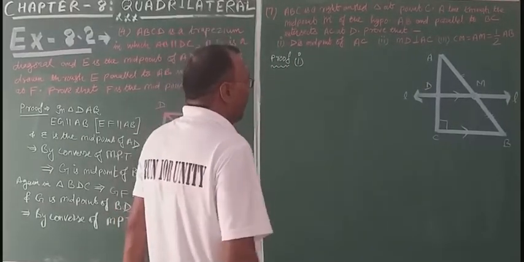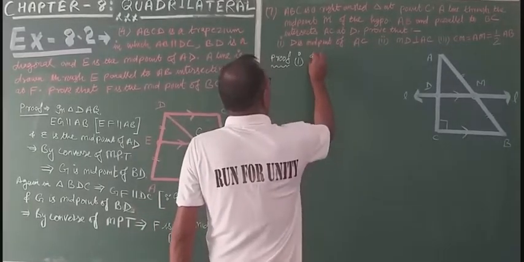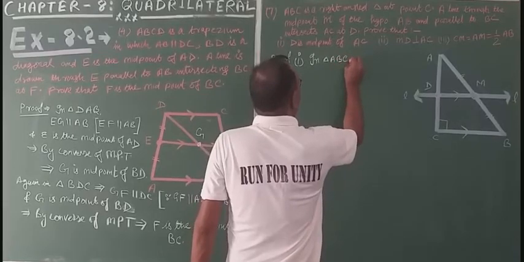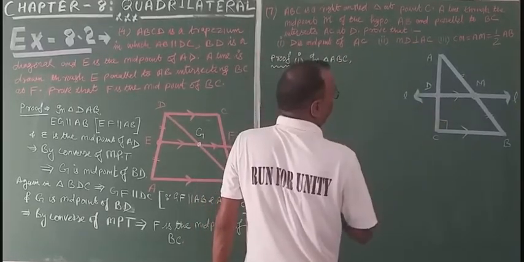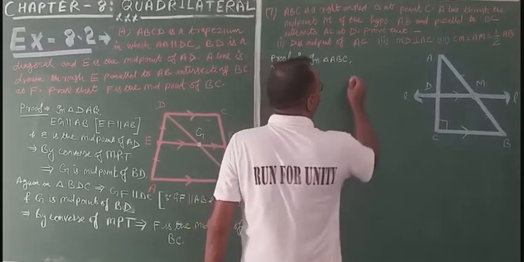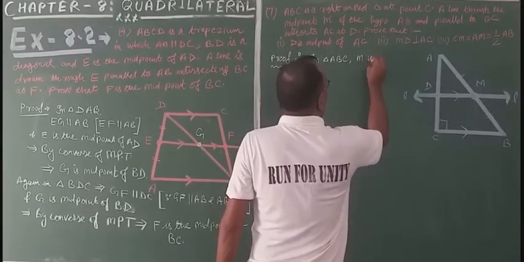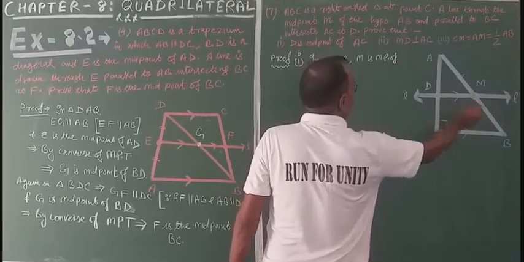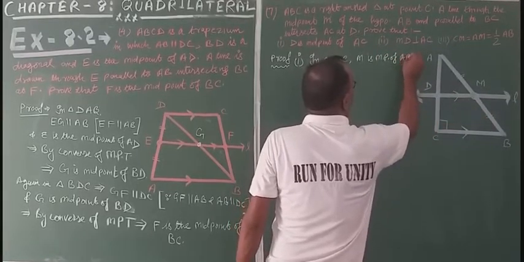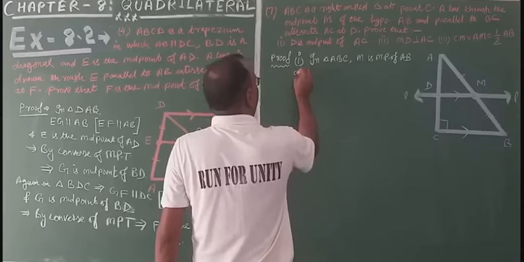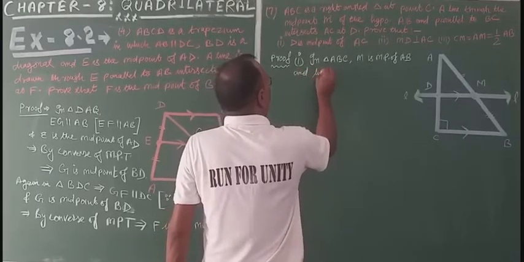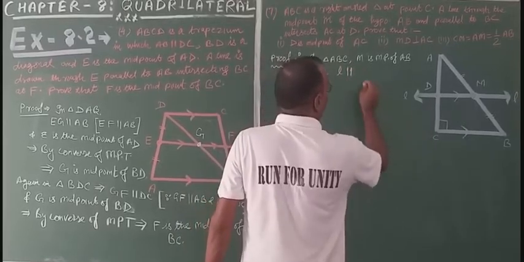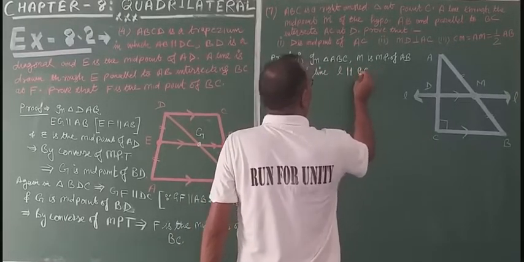In triangle ABC, M is the midpoint of AB, and line L is parallel to BC.